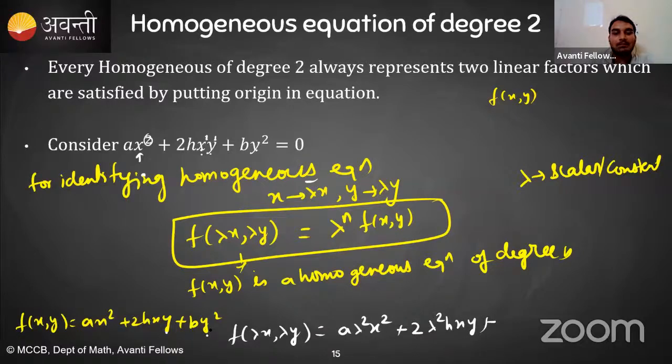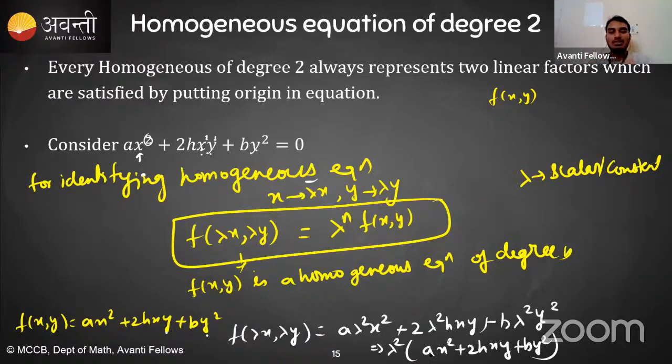Again replace y with lambda y, so b into lambda square y square. So look, lambda square is common. So ax square plus 2hxy plus by square. So what will you say? This is a homogeneous equation of degree 2.